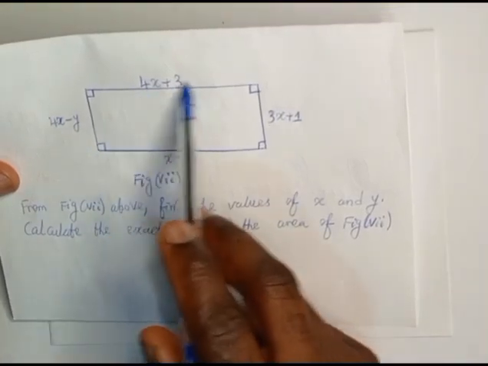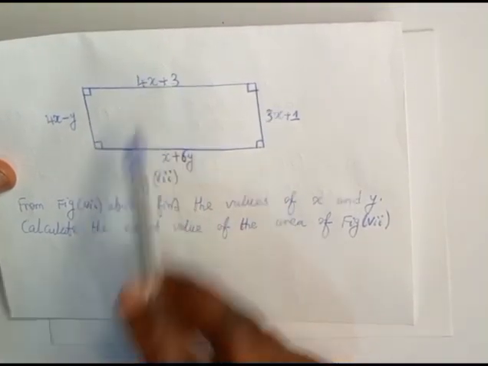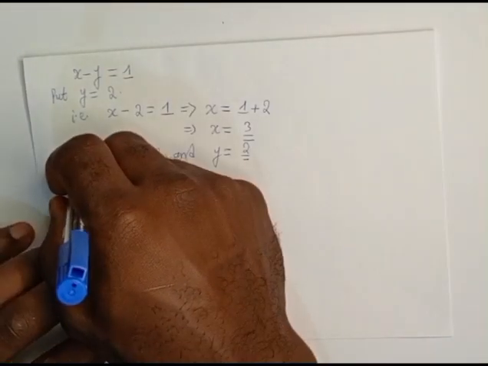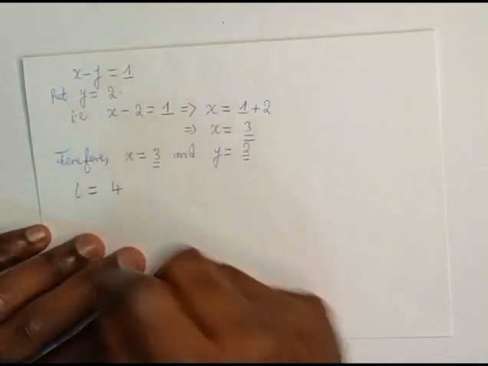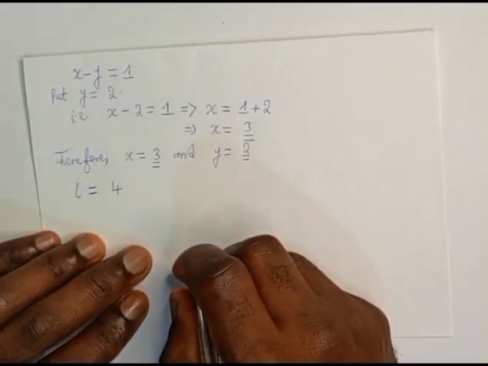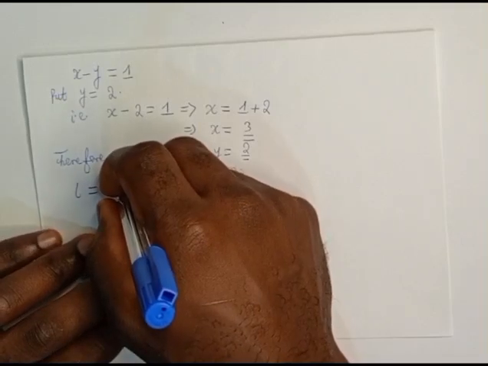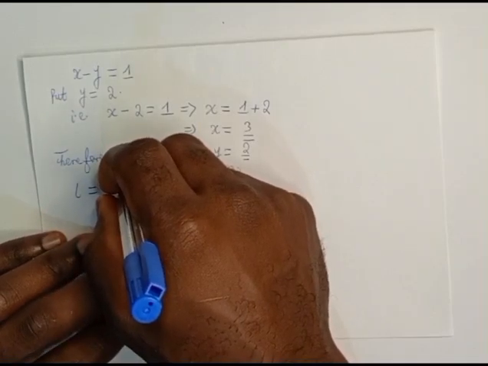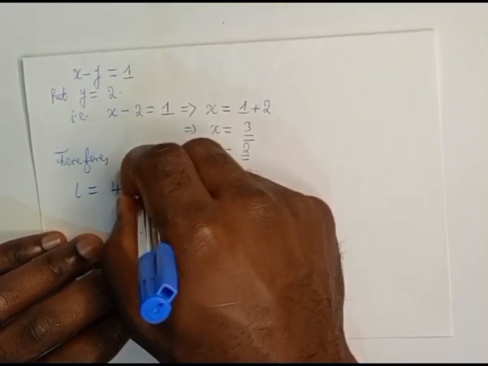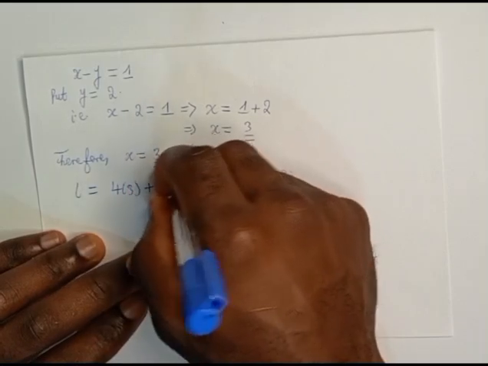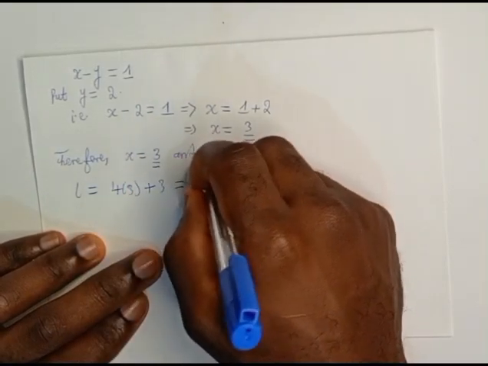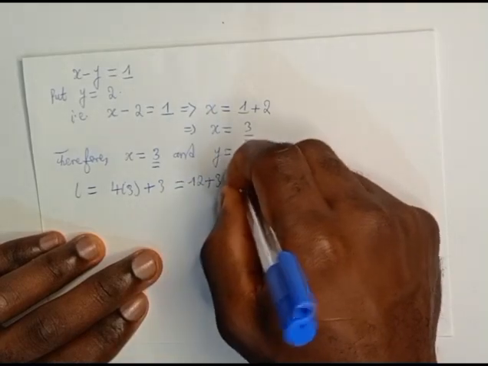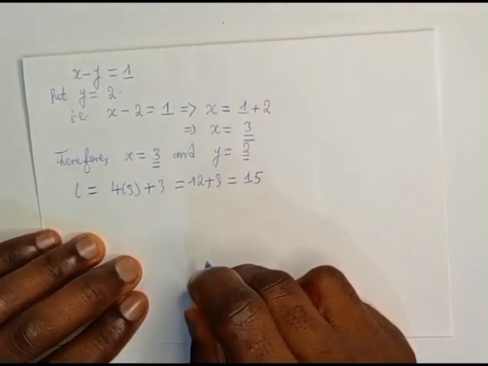For the length, we have 4x plus 3, and L, I'll denote it using L, is equal to 4x plus 3. We are going to replace x with 3. 4 times 3 plus 3. This will simply be equal to 4 times 3 gives us 12 plus 3, which is equal to 15.